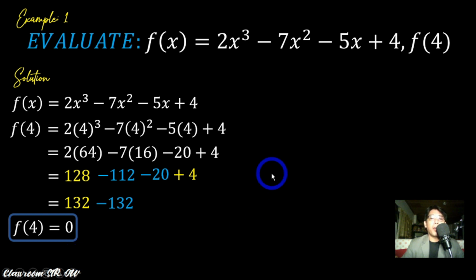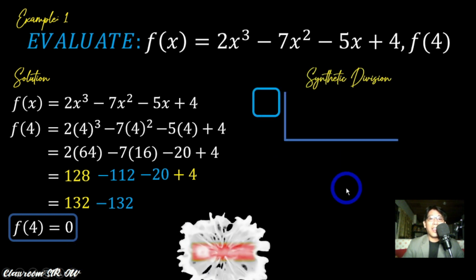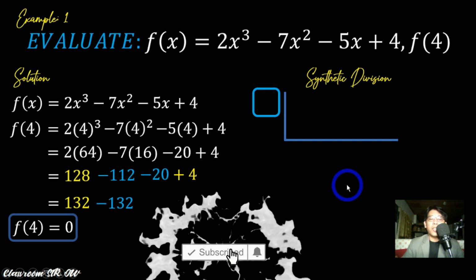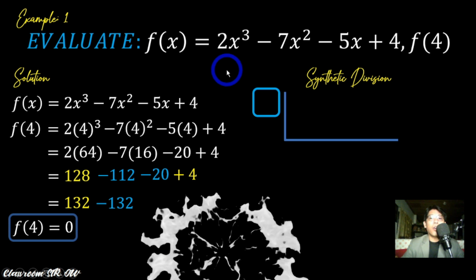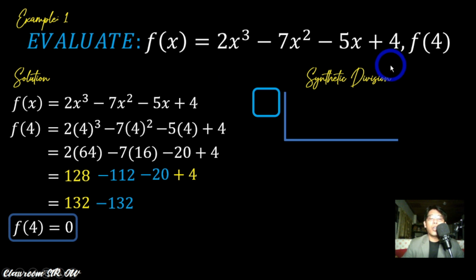Of course, what I am talking about is synthetic division. So in synthetic division, we know that we will be getting only the coefficients of our given polynomial function, which is 2 in our cubic term, negative 7 in our quadratic term, negative 5 in our linear term, and our constant term, which is 4.